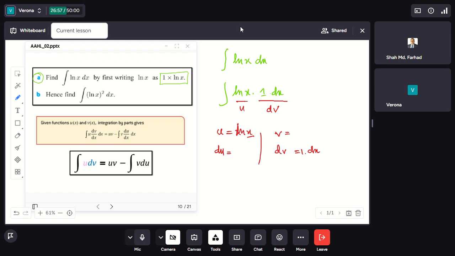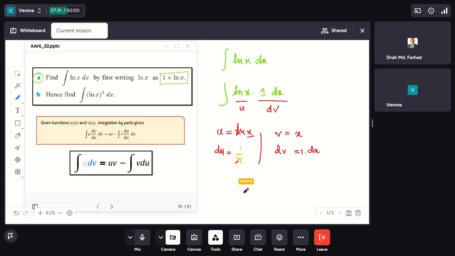Integral of one. No, no, no. What is the value of v here? Okay, you're right. Okay, I'm writing it. You don't need to write.